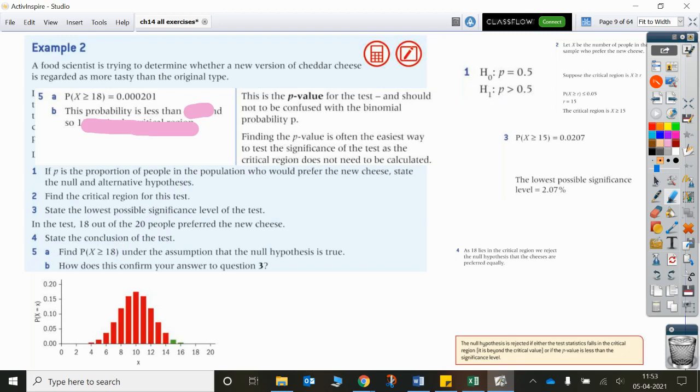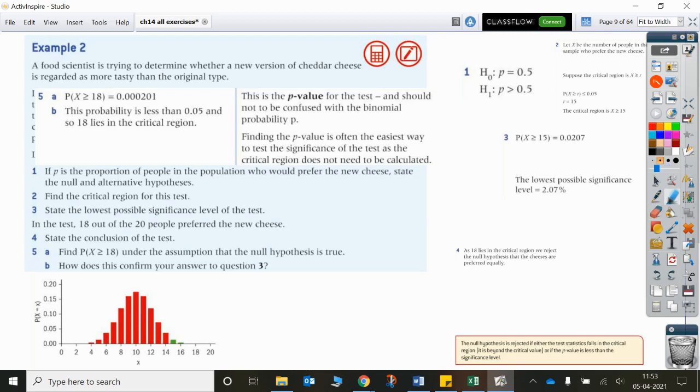However, there's a second way of doing this question, and the second way says, how does this confirm your answer to question 3? Oh, which I think maybe I missed out, did I? State the lowest possible significance of the test. What are they saying here? Saying the probability is less than 0.05, and so 18 lies in the critical region. So what they're trying to get us to talk about here is that the second way of dealing with these tests is to look at whether or not we're in the critical region.